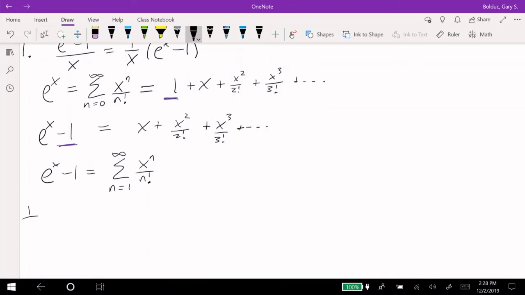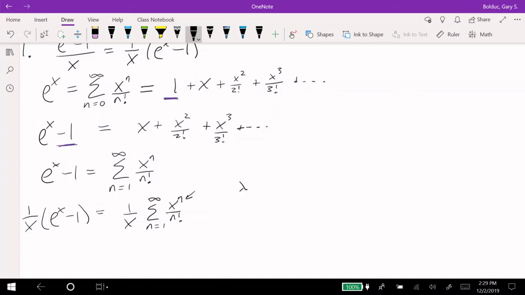And then we bring in the 1 over x, which, that's 1 over x. You have your series. And so that 1 over x can come into the series, and all that will do is just decrease the exponent here by 1, right?